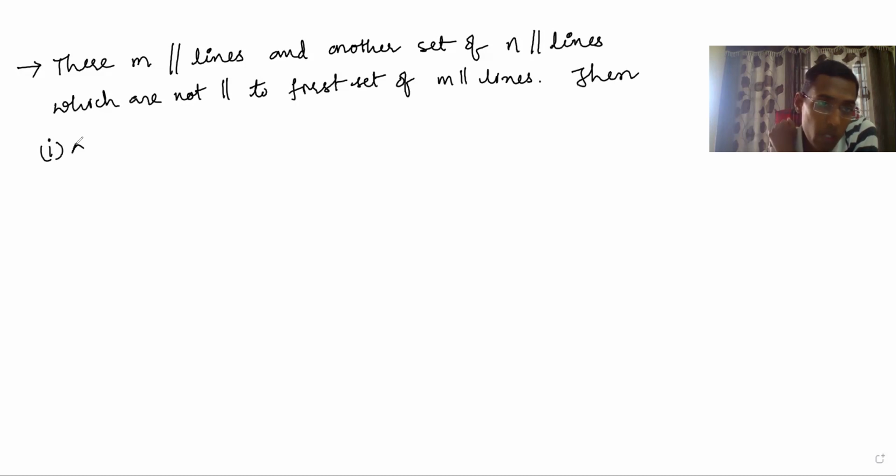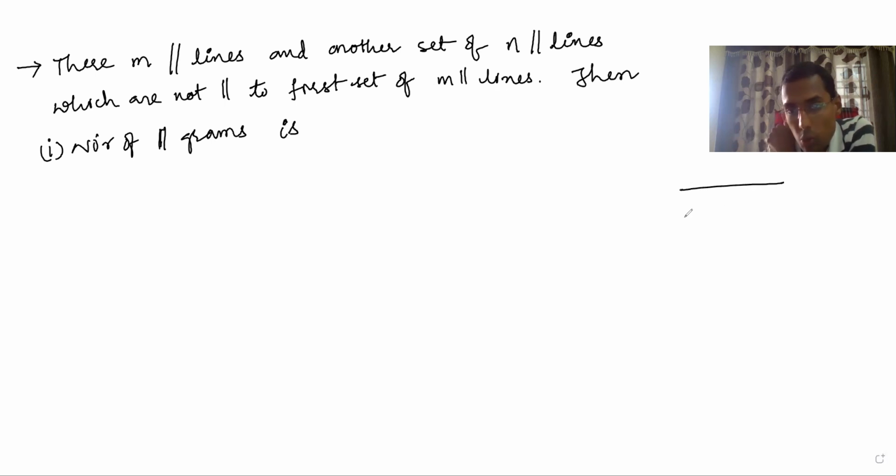Next, first question: number of parallelograms. Here you see these three parallel lines are there, and here these two parallel lines are there.